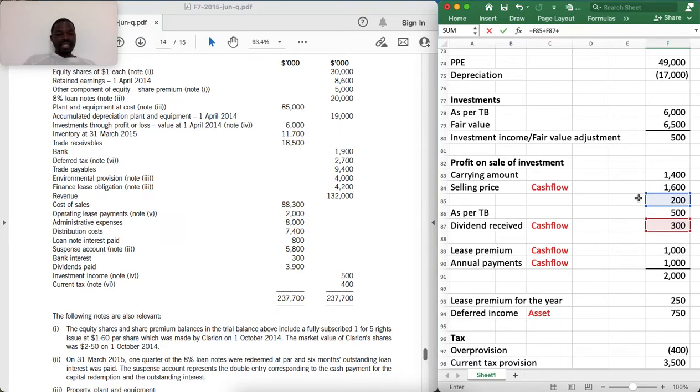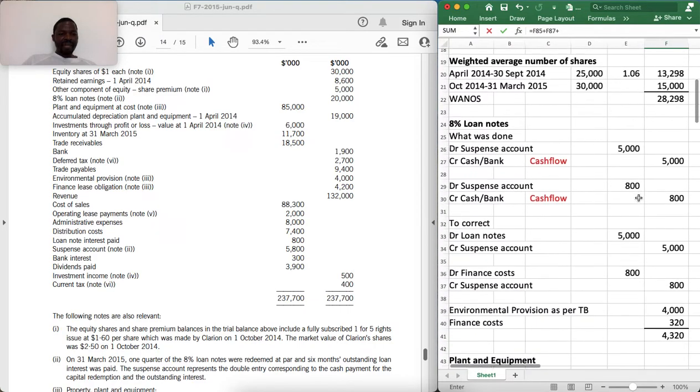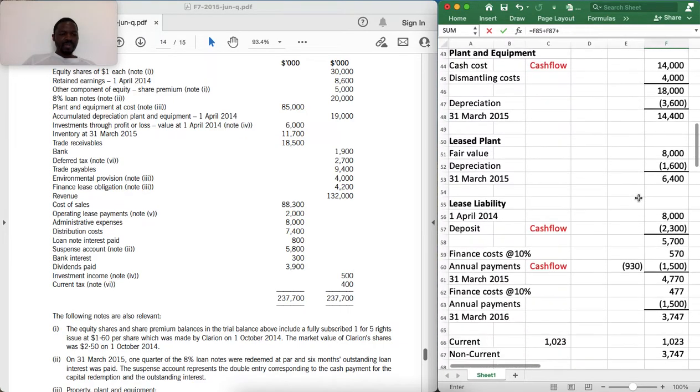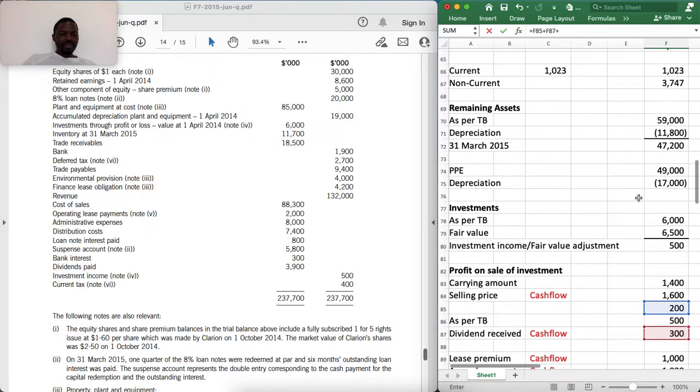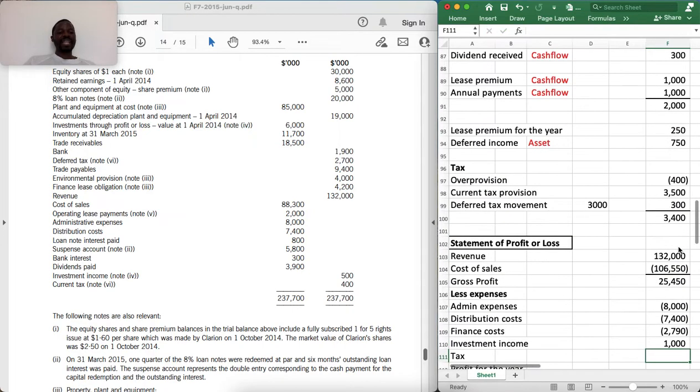Then let's go again and search if we have another investment income. We said we have got the investment income here again as the increase in the fair value of the investment of 500, like that. So we get 1,000.